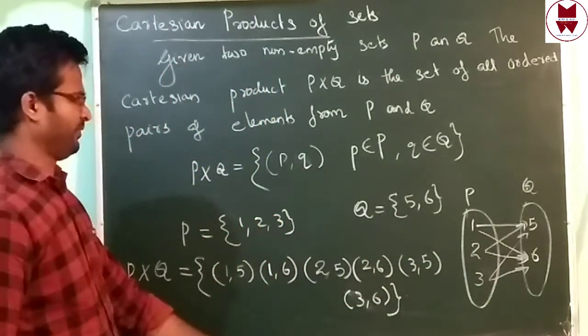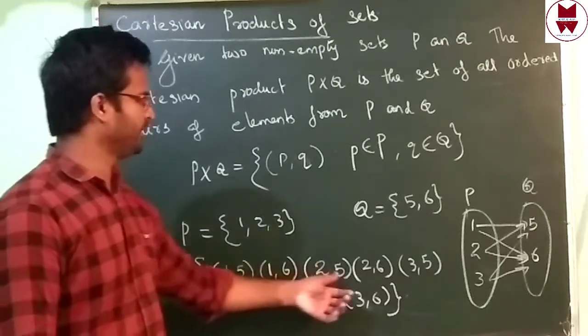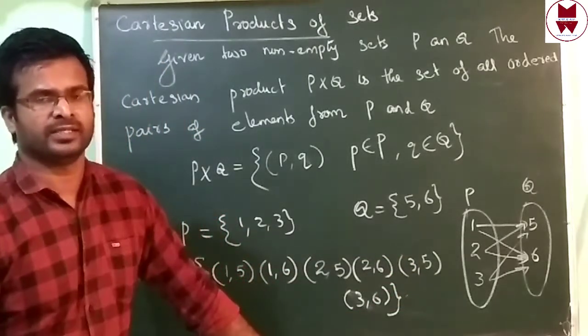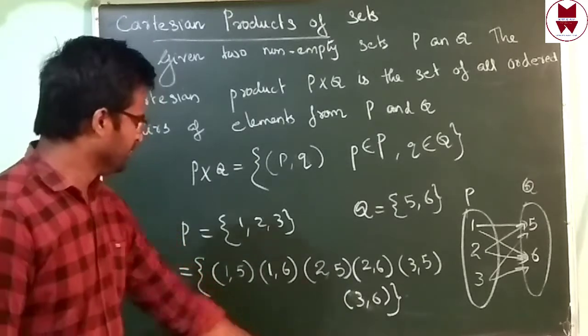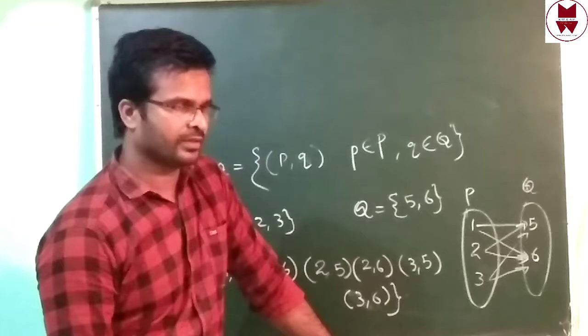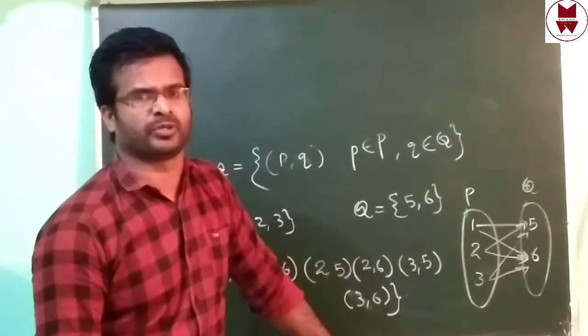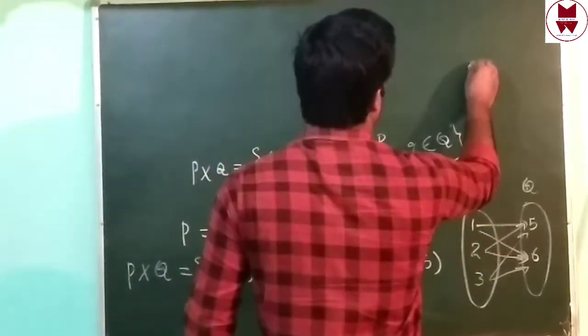Only this much we can make: 1, 2, 3, 4, 5, 6. 6 relations, isn't it? Then this is known as the Cartesian product. In the definition of Cartesian product, you can see the word ordered.